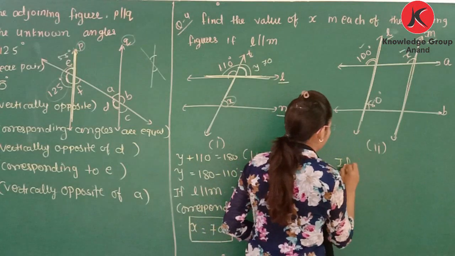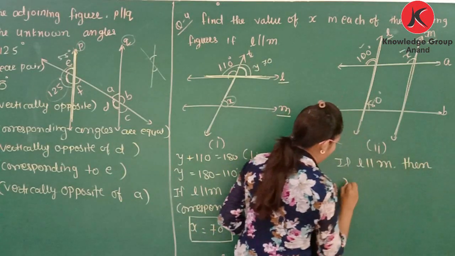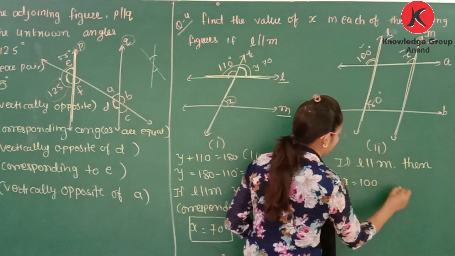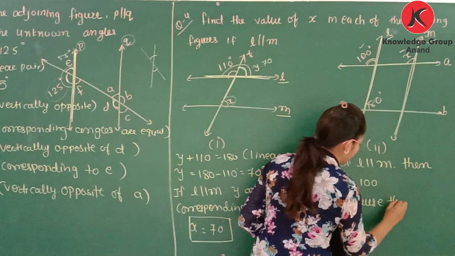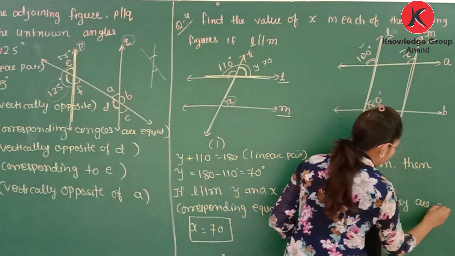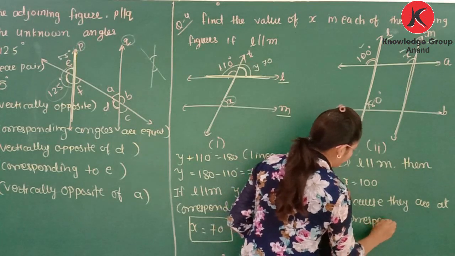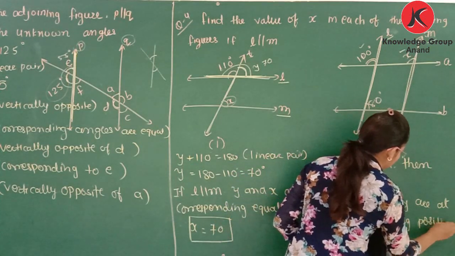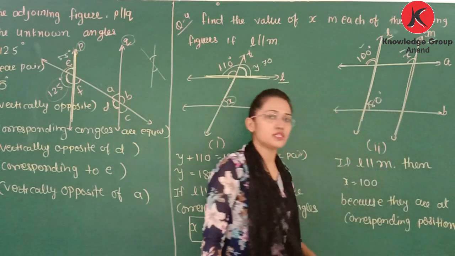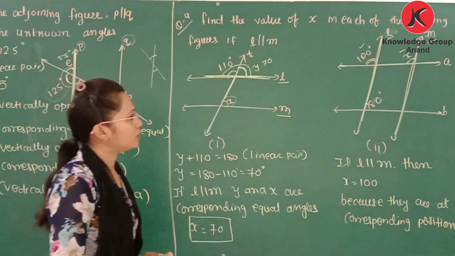So if L is parallel to M, then X is equal to 100 because they are at corresponding position. Means in this kind of example, you need to remember all the properties we learned.